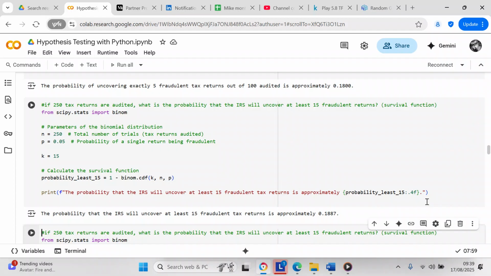So we're going to calculate the survival function: probability at least 15 equals 1 minus binom.cdf, and that's cumulative distribution function, K equals 15, comma, N equals 250, comma, P equals 5%.